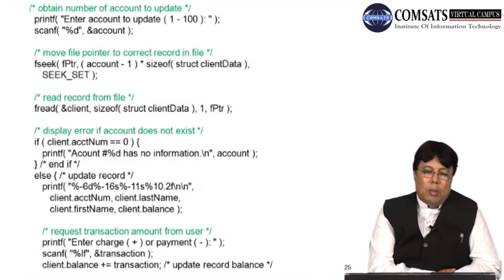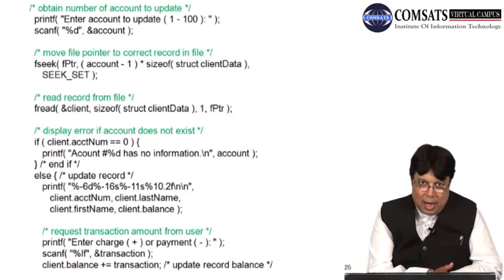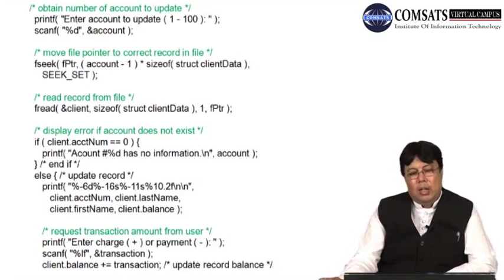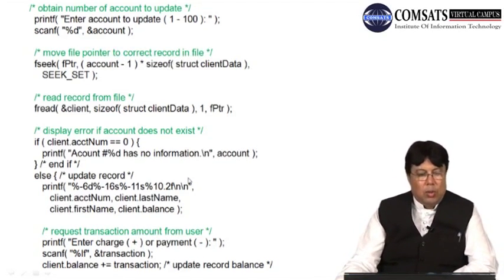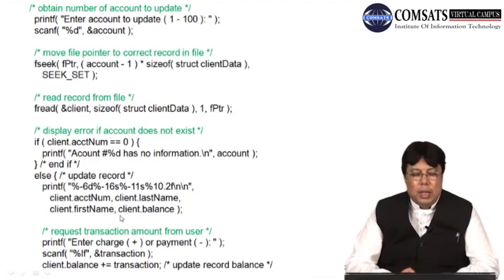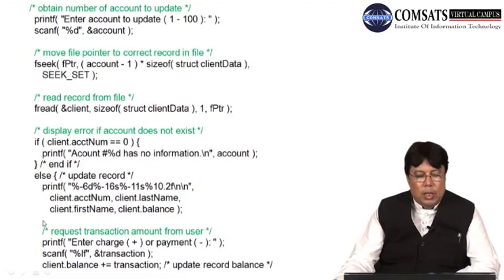So if you read an account number 0, it means that the user-desired account number is not present in the structure, and then you need to provide that message also. So if it is 0, you can display that; otherwise you will read this information and then update it. For the update, you can use this information: enter charge for plus or payment for minus.